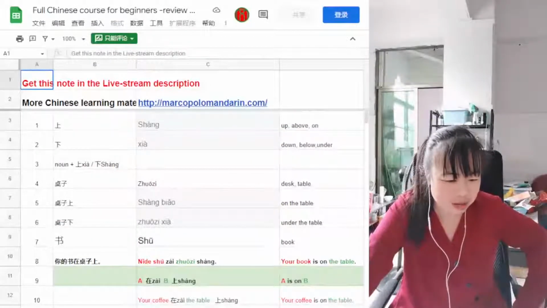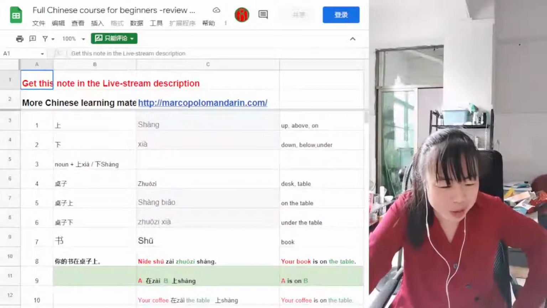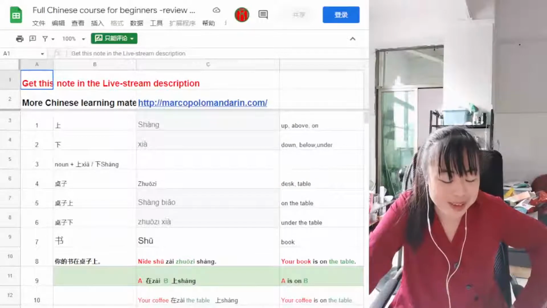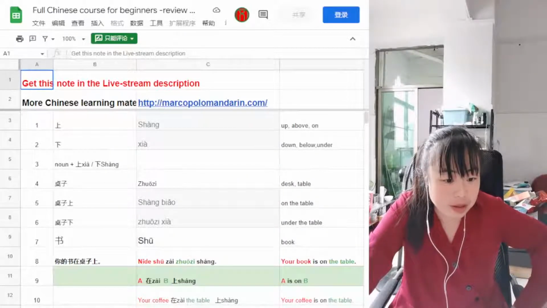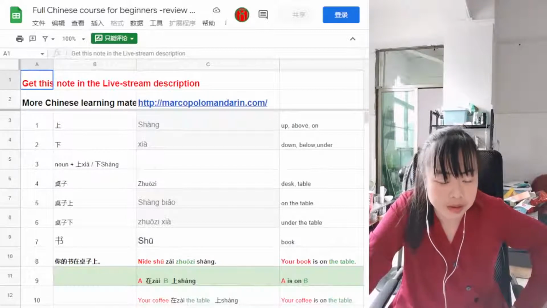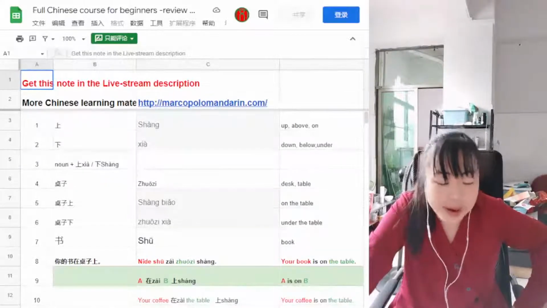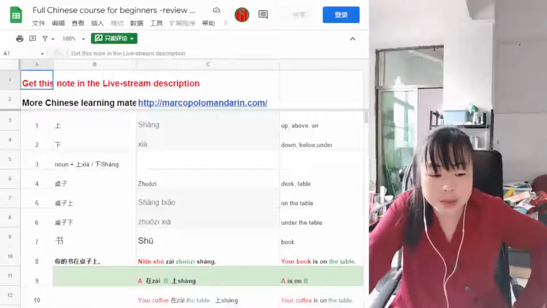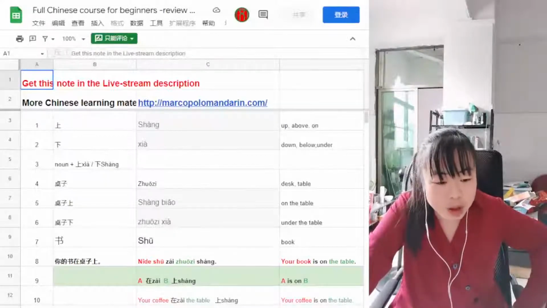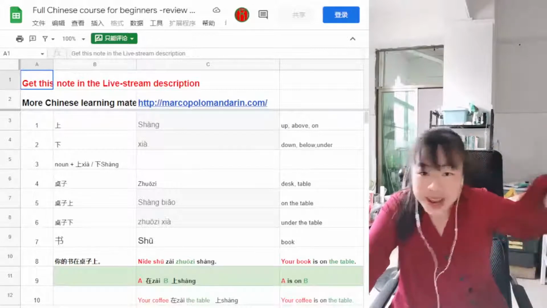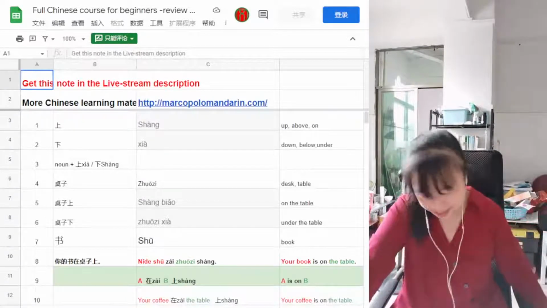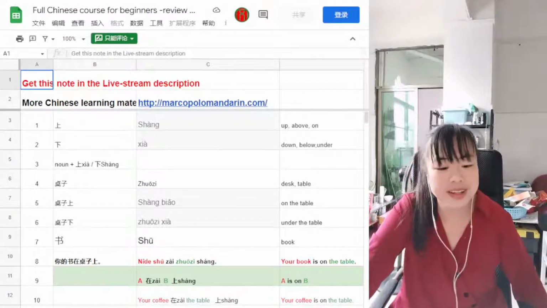As I mentioned, I don't want to give you too many new words when you are learning new patterns. You don't learn new patterns and new words at the same time. When we are learning new patterns, we practice with old words. When we are learning words, we practice with old patterns. You don't learn two new things at the same time because your brain doesn't like it.